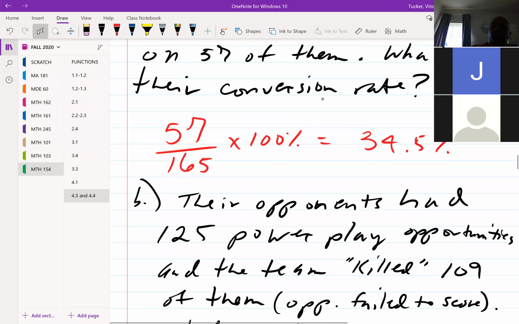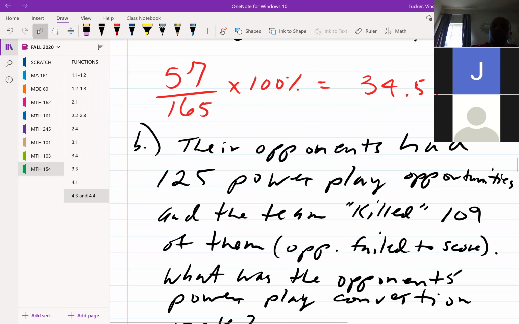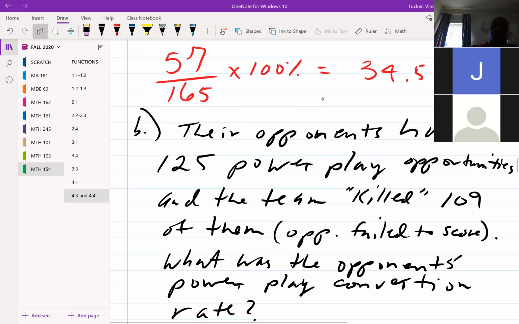All right. Next, their opponents had 125 power play opportunities, and the team killed 109 of them. That means the opponent failed to score. What was the opponent's power play conversion rate?